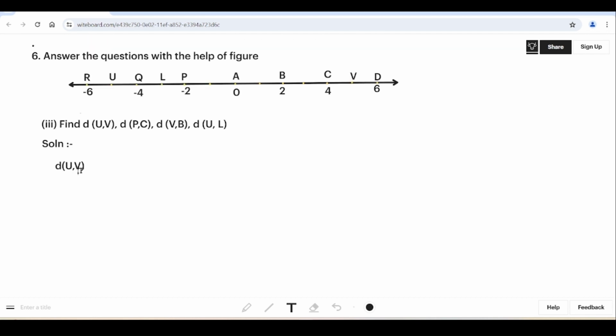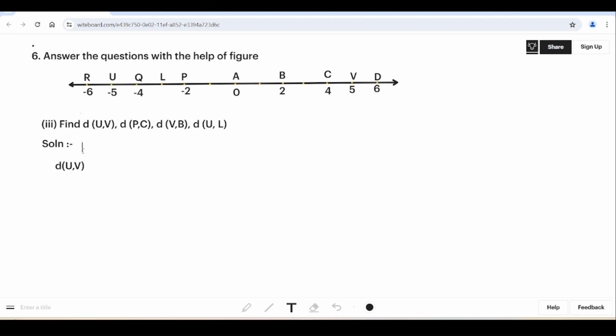Now, the distance between U and V: on the number line we are not given the coordinates of U and V, but on the number line each point goes on increasing by 1 unit, right? So now the coordinate of -4 and here is -6. So this will be what? It will be -5. And similarly for V it will be 5.